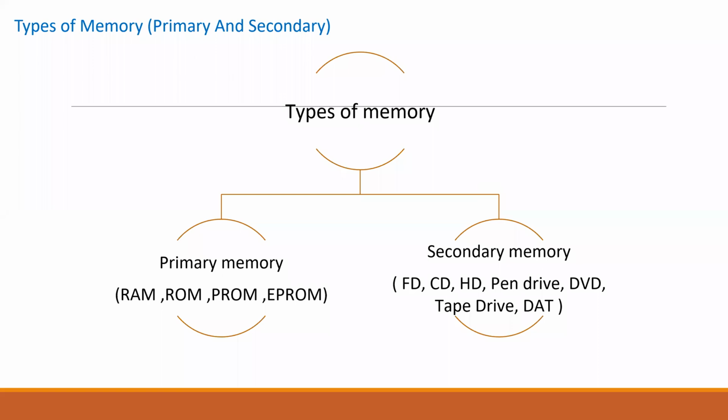Now secondary, as the name indicates, means we attach it externally. This memory may be FD, that is floppy disk, CD, compact disk, HD, hard disk, pen drive, DVD, tape drive and DAT. All these are the secondary memories.